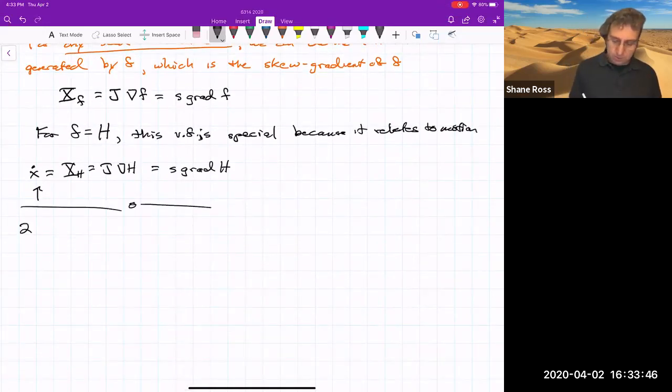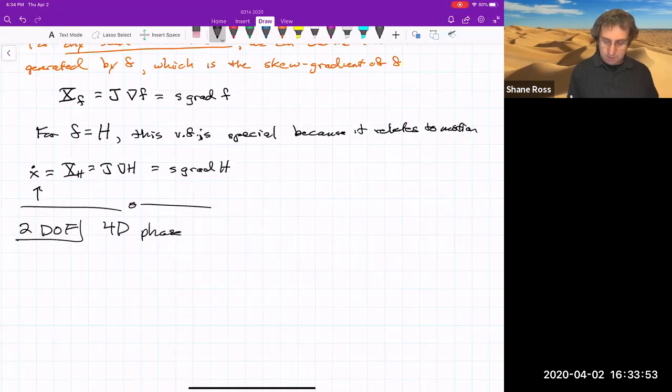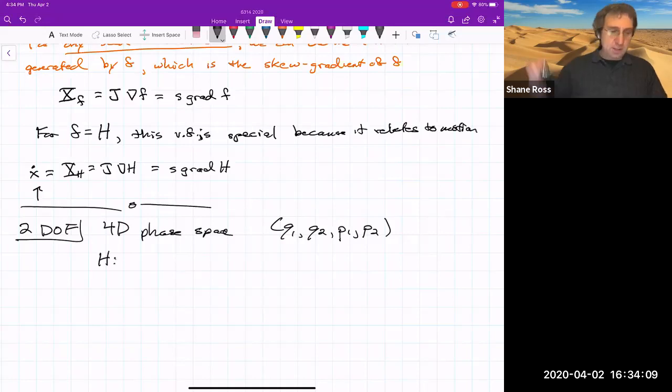Okay, so 2 degree of freedom is where things might be harder for us to interpret. We've got a 4D phase space: Q1, Q2, P1, P2. The Hamiltonian will be some function. All that I really care about now is it's taking in where you are in the 4D phase space and spitting out a real number.